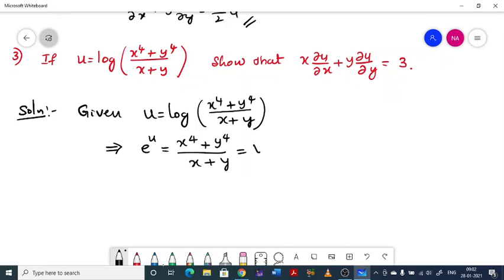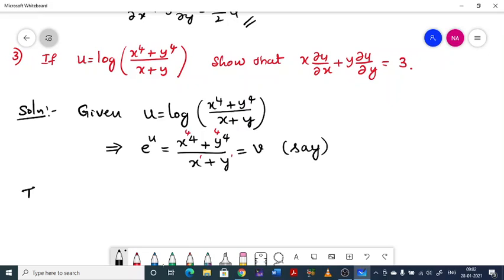This we can call as a new function v. Now look into v. Numerator, each term has degree 4. Denominator, each term has degree 1. So numerator is homogeneous, denominator is homogeneous, therefore v is homogeneous, and the degree of v is 4 minus 1, that is 3.